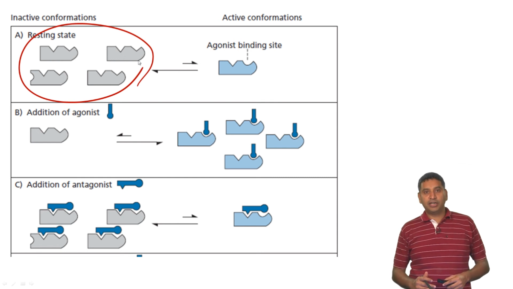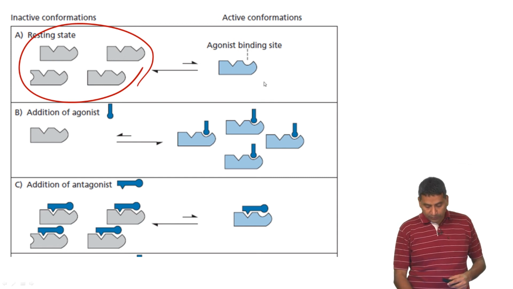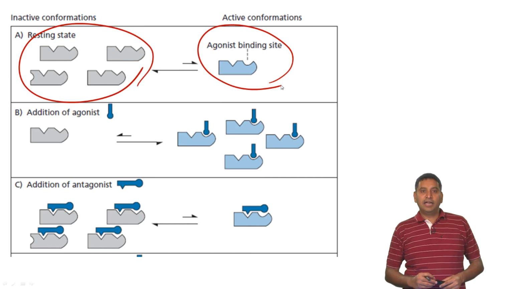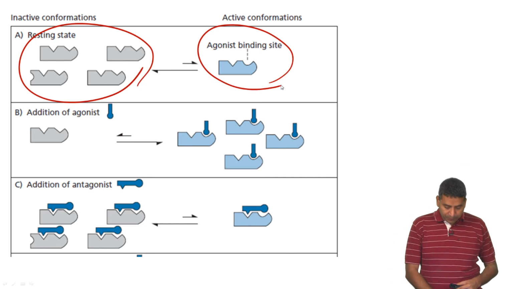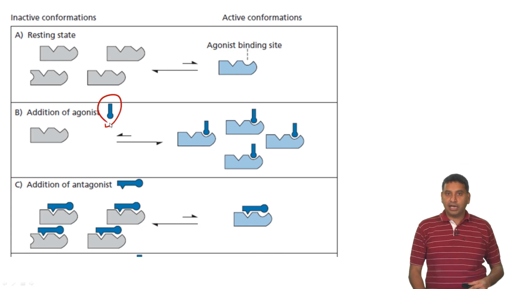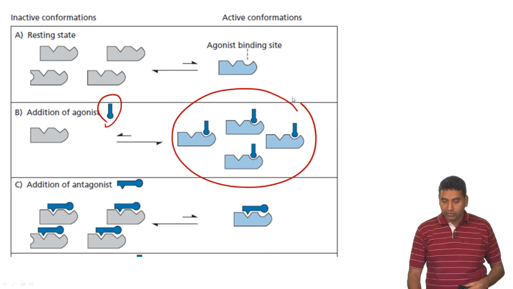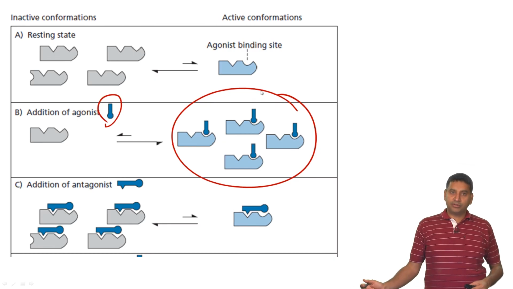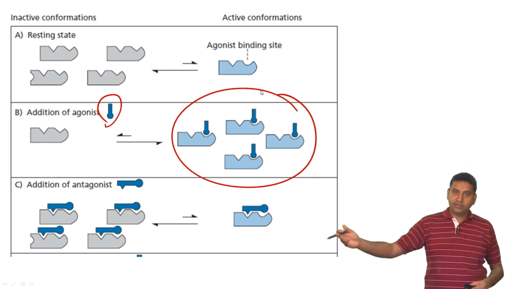It is in equilibrium with the active conformation, which is what our inverse agonist tells us. And once you add an agonist, you have the active conformation in a larger concentration.